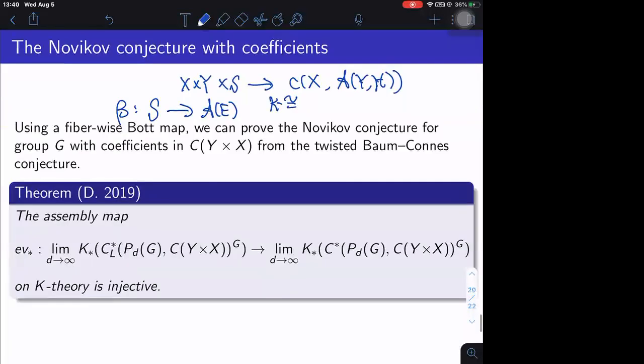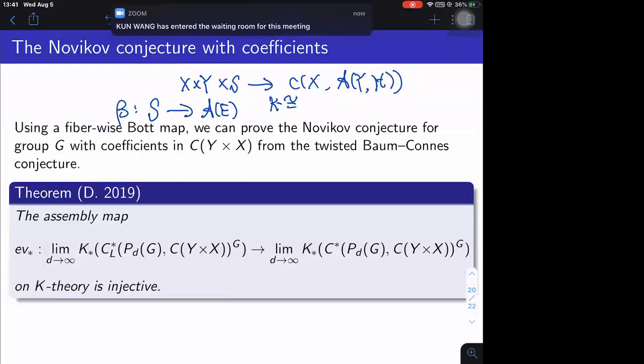Sorry, I should switch the X and Y. This is X, and this is Y. So we can generalize the definition of the Bott map to the fiber bundle case. Each fiber is a copy of S here, and each fiber of this one is a copy of A of E.